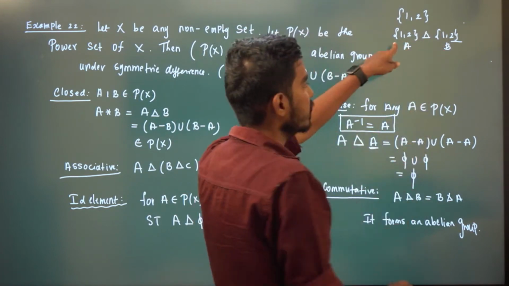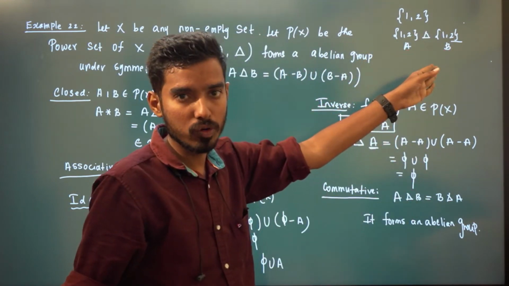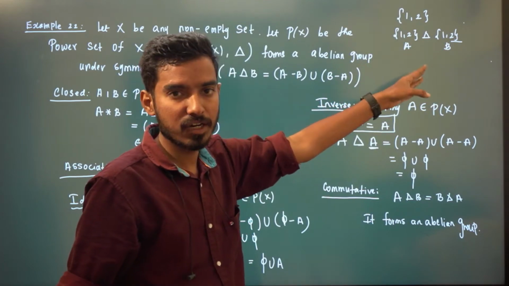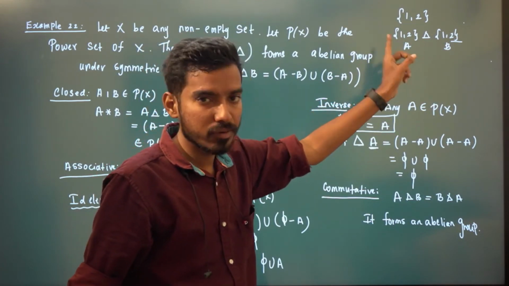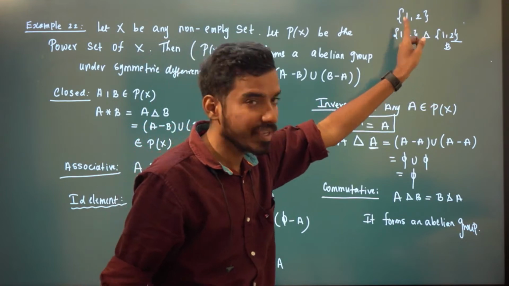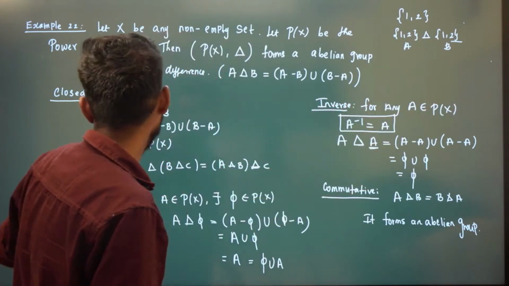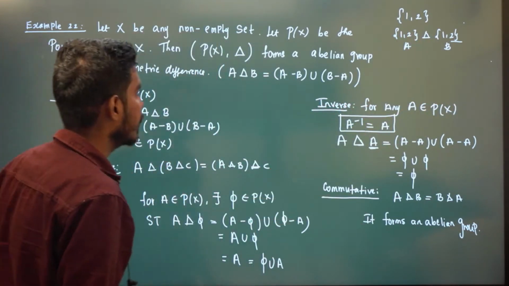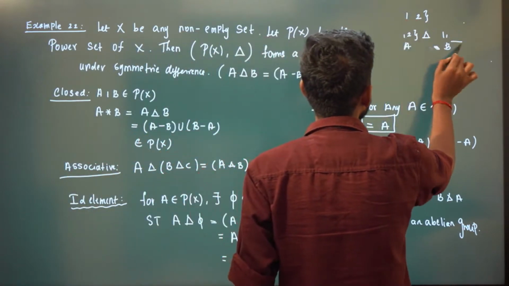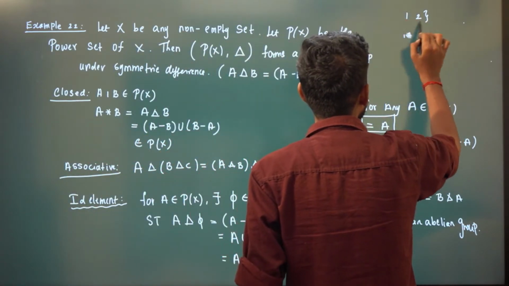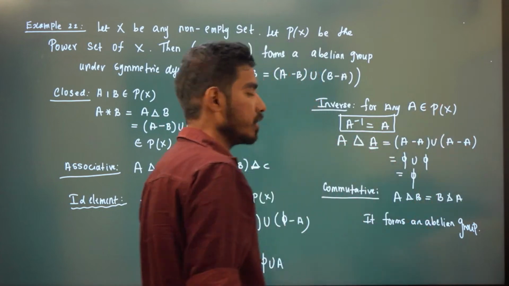You know how to do the difference of a set, right? And similarly, B minus A will give you the empty set. So if you perform A with that again, you will get the empty set. So that is called self inverse. All the elements are self inverse. They are inverse to themselves.